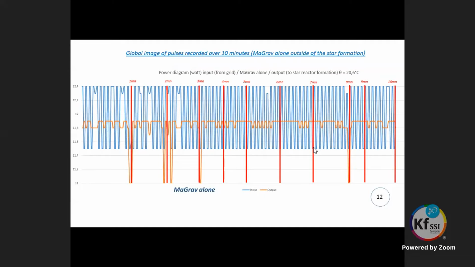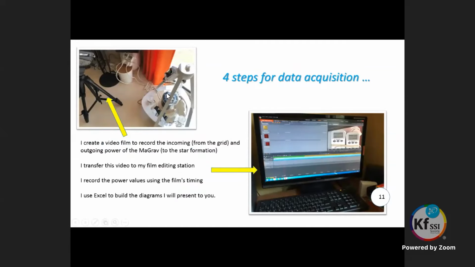I did two tests, Magrav alone and Magrav under the star formation. This position is under star formation, and on the other test, I put the Magrav outside. Do you know what I mean?